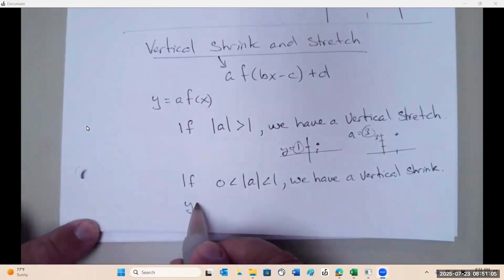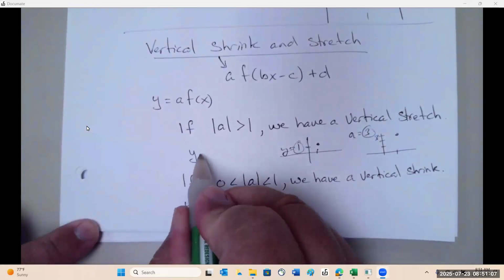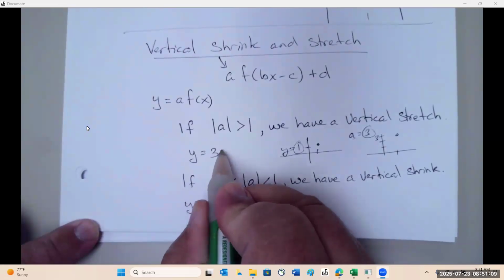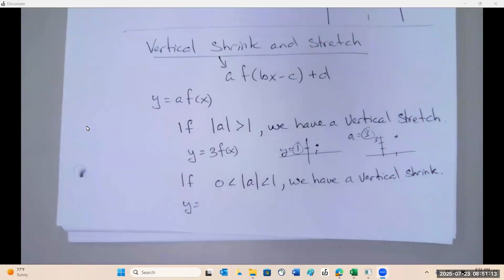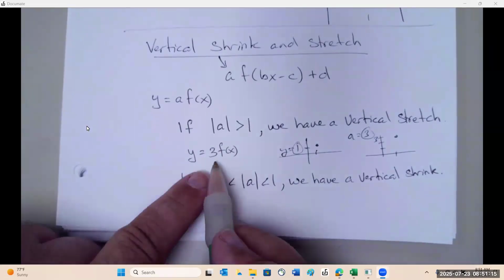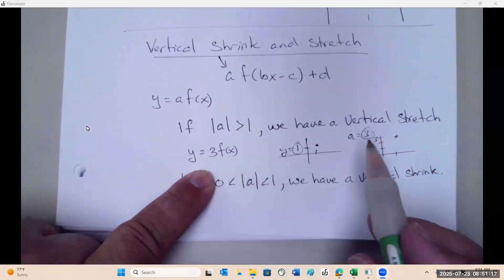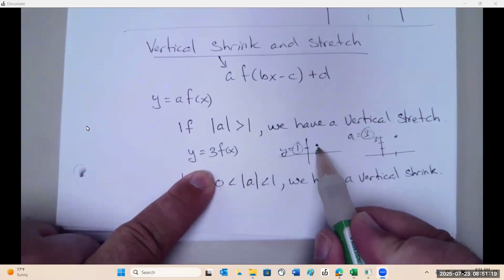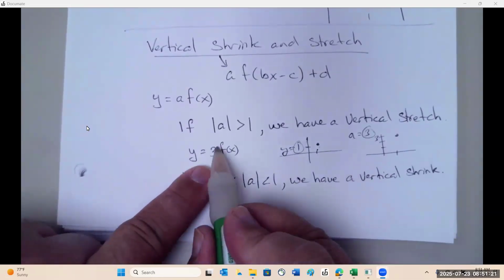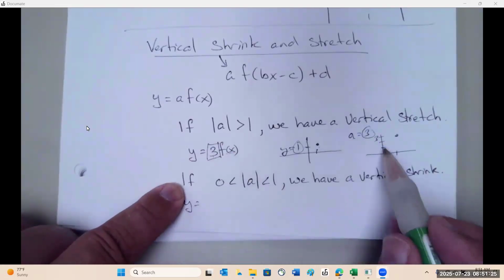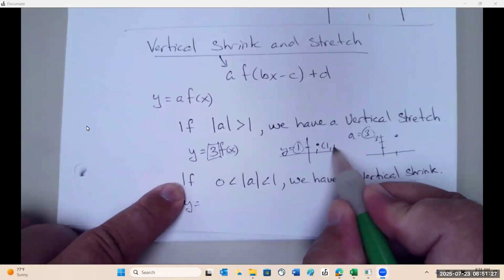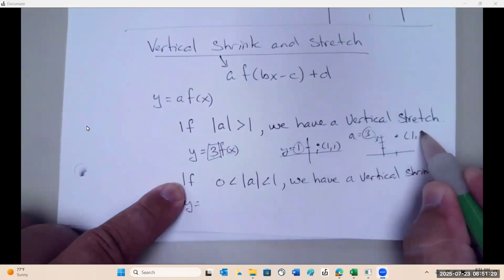So what if my equation is y equals 3 f of x? Since it's an integer bigger than 1, if I start off at 1, 1, this one says I take whatever I have for my y value and multiply it by 3. It goes from 1, 1 to 1, 3.